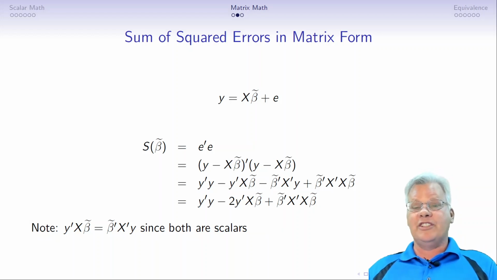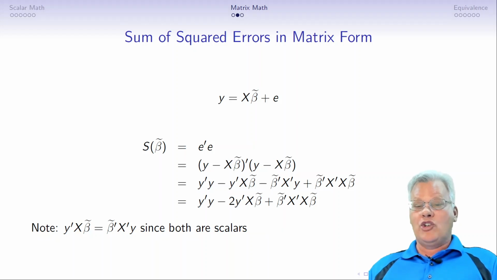As I move from the second line to the third line of the expression for the sum of the squared residuals, I have y transpose y, minus y transpose times x beta tilde, and then taking the second part, x beta tilde transpose.